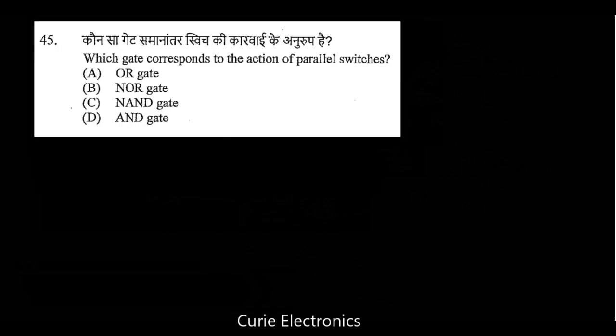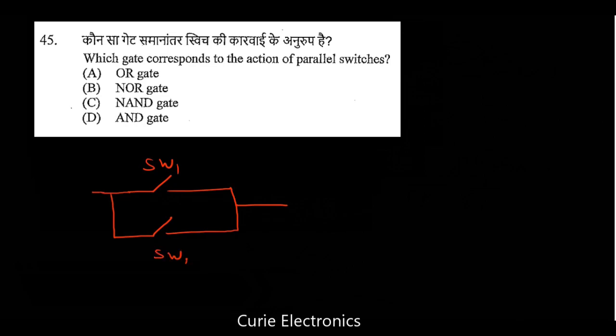Question number 44. The WWW is a dash layer protocol. It is an application layer protocol. Which gate corresponds to the action of parallel switches? That means we are connecting switches like this, parallel. Switch 1 and switch 2.